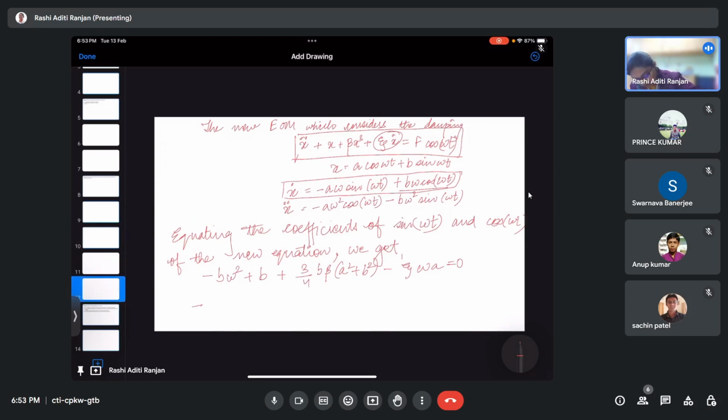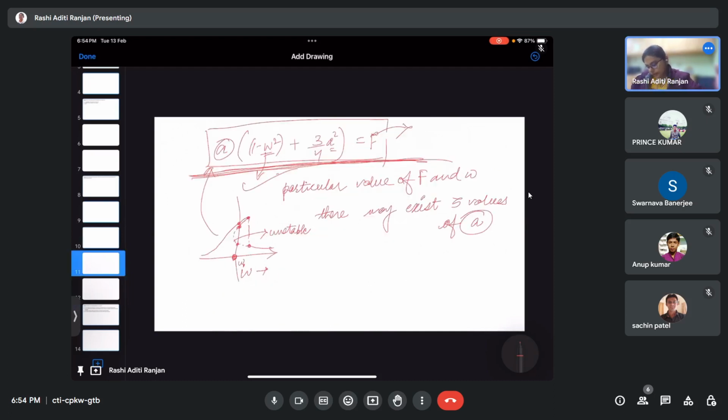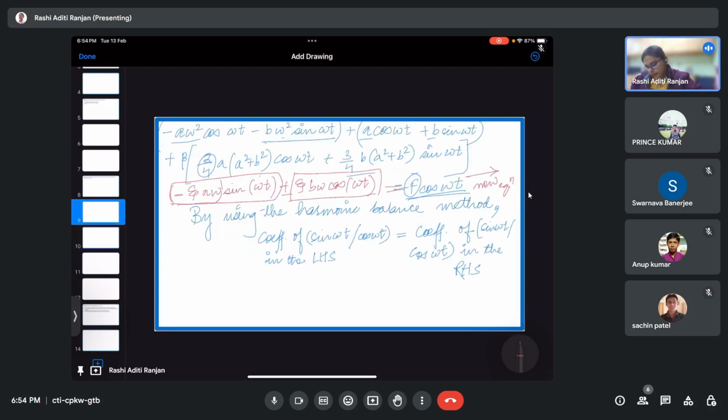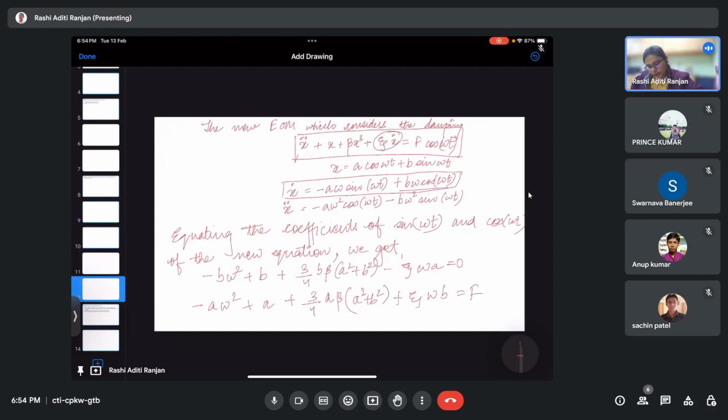It is going to give me minus of a omega square plus a plus 3 by 4 a beta a square plus b square, and here I'm going to get plus epsilon omega b is equals to what? F, isn't it? See, here it is plus and here it is minus. We are going to get with a minus and with a plus. So these are my two new expressions.